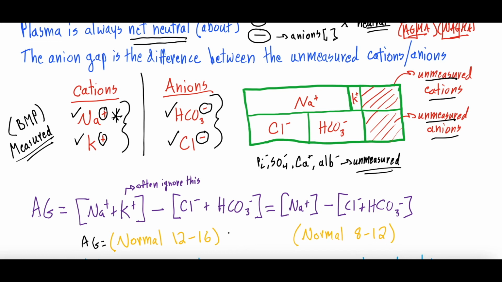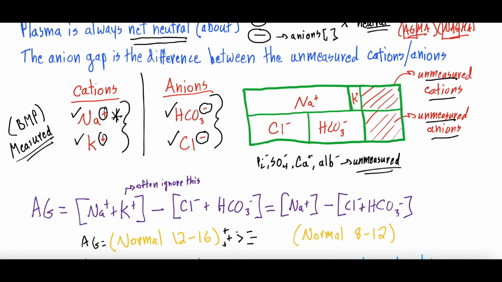What that is saying is that this equation leaves 12 to 16 more positively charged cations than negative anions. But plasma's net neutral, so something is going on in the body where this equation is always going to leave more positive than negative.